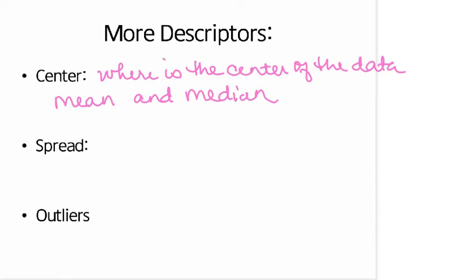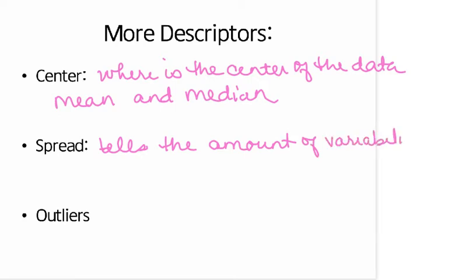Now spread. A spread tells us the amount of variability in a set of data. And a common measurement that you know would be the range.